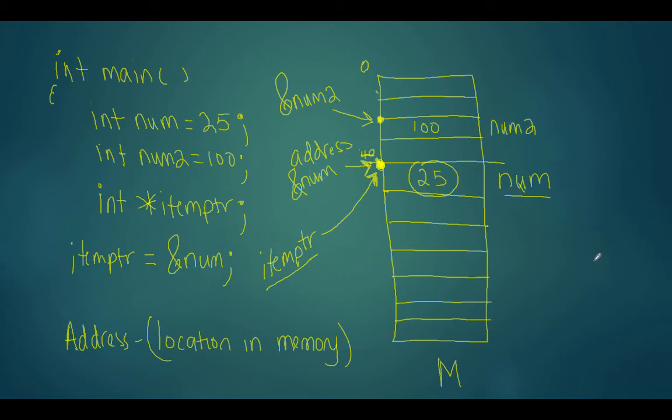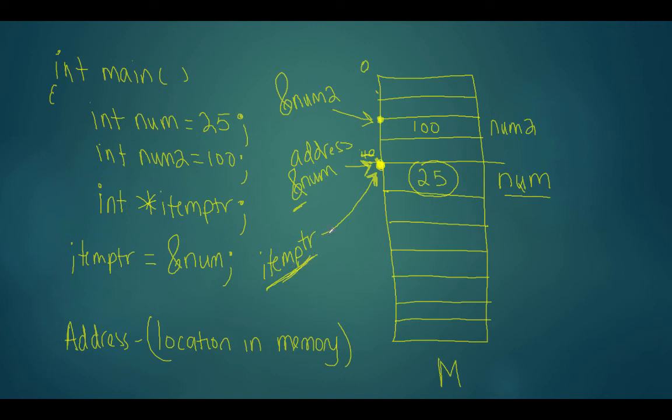So I can change a variable into an address by putting an ampersand in front of it, and I can change an address or a pointer into a variable by putting an asterisk in front of it.